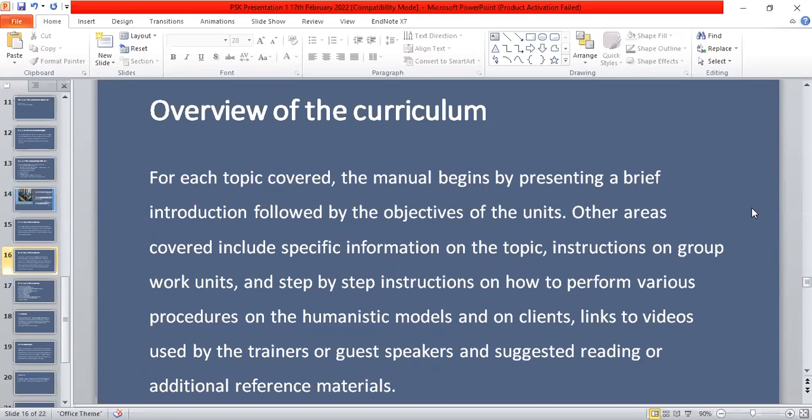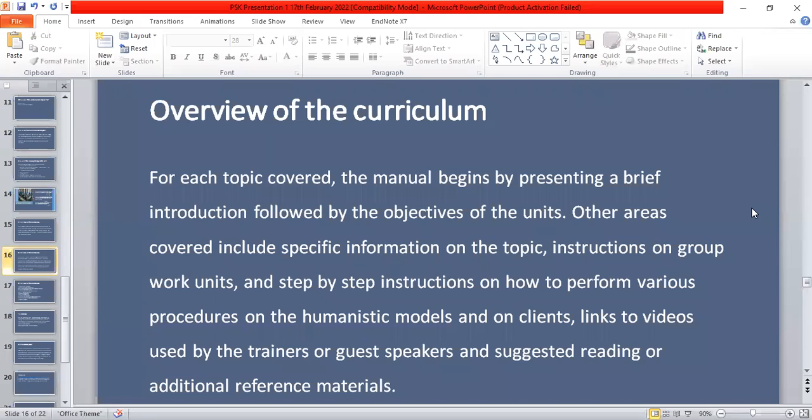And then other areas covered include specific information on the topic, instructions on group work units, and step-by-step instructions on how to perform various procedures, including illustrations, so that it's very, very easy to follow. Some of these can be performed on humanistic models and on clients, with links to videos used by the trainers or guest speakers, and suggested or additional reading material.